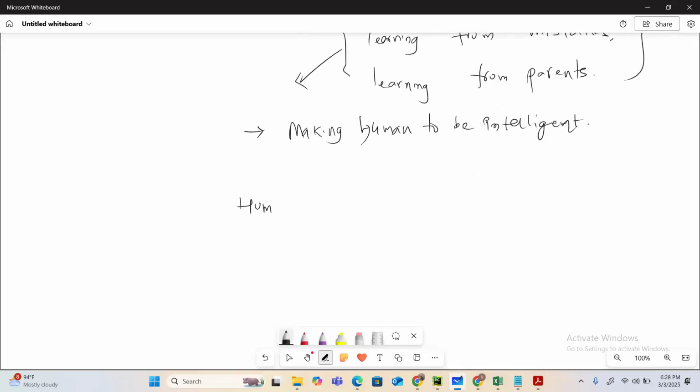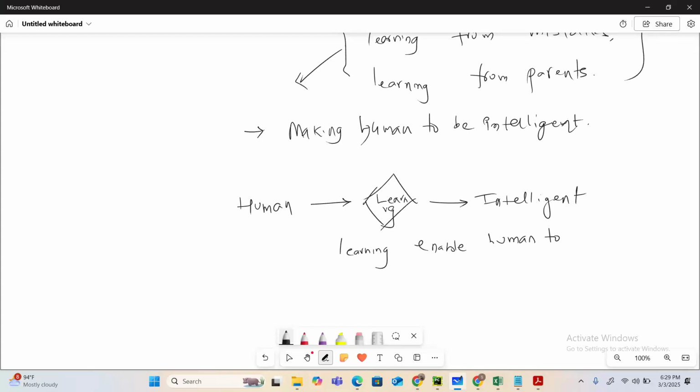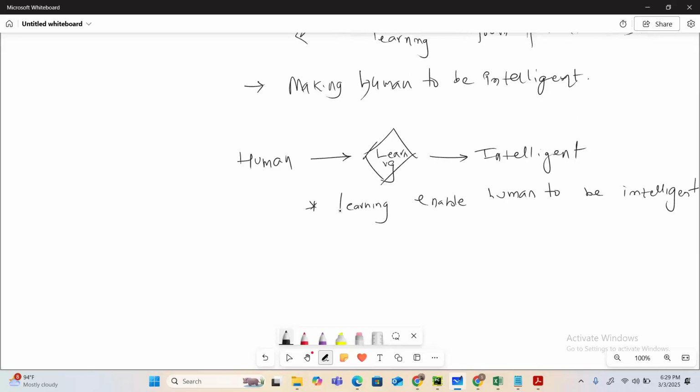The middle process, we call this learning. Learning enables humans to be intelligent.